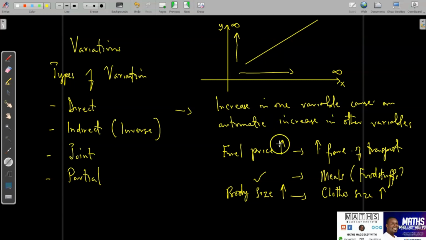So there are other examples, but I wouldn't like to spend my time on just the examples. As we take worked examples, it will help you understand it the more. When it comes to variation, symbolically, as I said, we use the word varies, and we use this alpha symbol to represent varies.